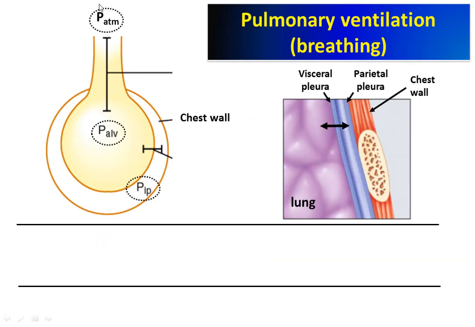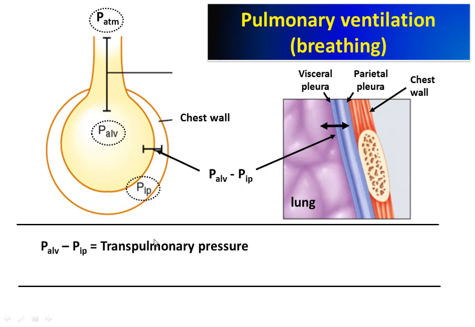So here we have the atmospheric pressure, the barometric pressure, which is zero pressure or 760 millimeters of mercury. Here we have the alveolar pressure, also known as intra-alveolar pressure or pulmonary pressure, and this is the intrapleural pressure or the pleural pressure. The difference in pressure between the alveolar pressure and the intrapleural pressure is what we call the transpulmonary pressure.